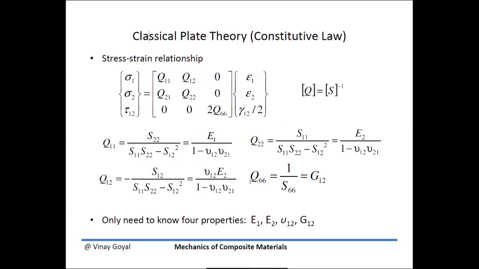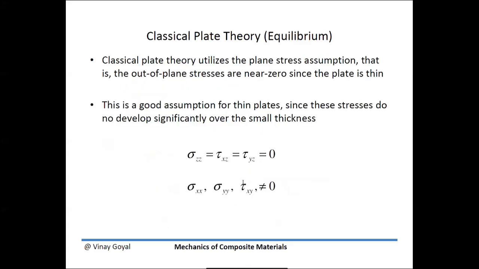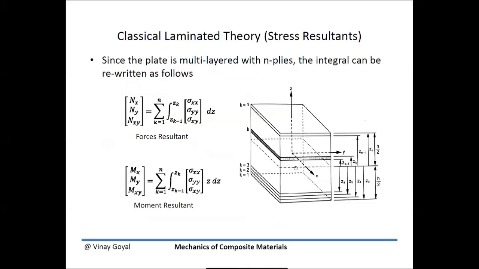What is interesting is that these numbers are the same for every ply if we're using the same material system. If you're using a hybrid material system, then you could have different values of Q depending upon the material you're using. But for most applications, for the same material system, these four Qs should be the same from ply to ply.